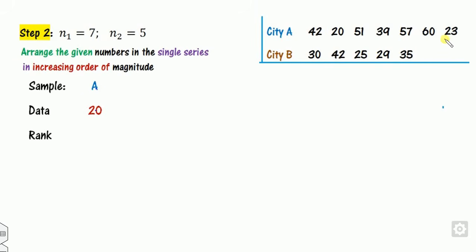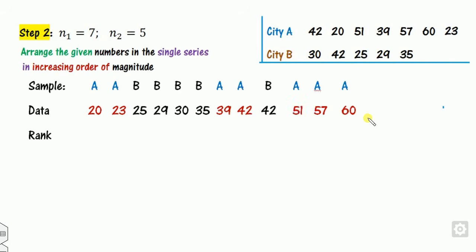The next smallest number is 23, again from a. The next smallest is 25, coming from b, so you write b. The next smallest is 29, again from b. The next is 30, again from b, and so on.